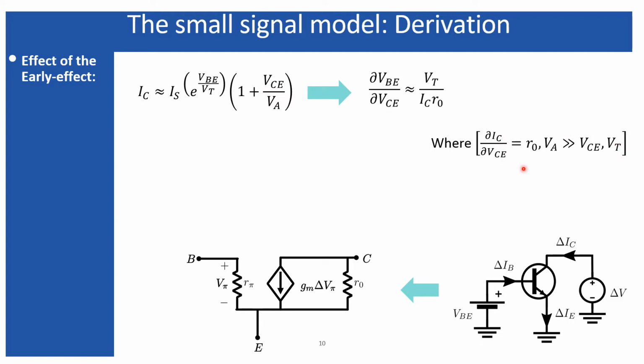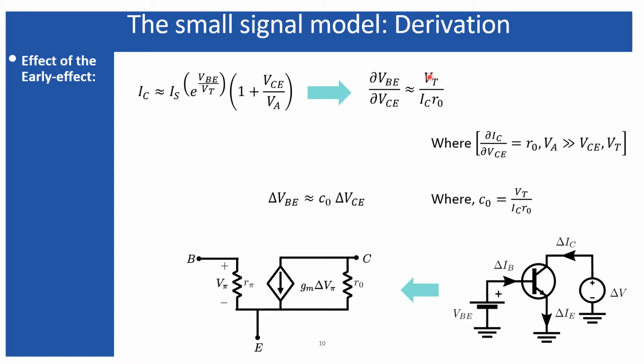Obviously del IC by del VCE is equal to 1 over R naught, which I have already assumed, and VA is very much greater than VCE, but I applied that condition once I had performed this differentiation, not before that, because if you apply this condition before differentiating, you will see that there is no dependency of this VBE upon VCE. So VA is very much greater than VCE and VT, and finally I have obtained this expression.